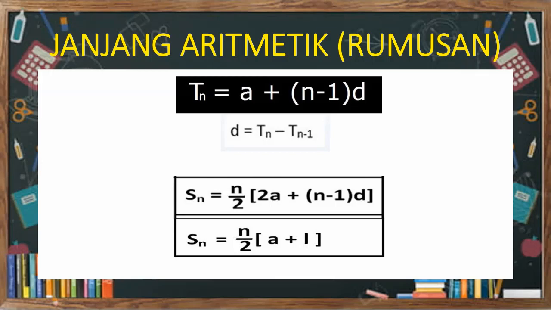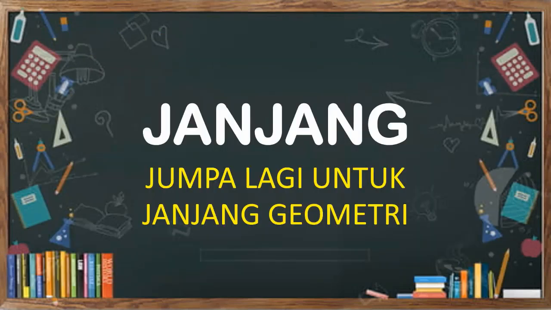First n terms means it must start from the first term until the nth term. Okay, so that's all for this lesson on Janjang arithmetic, or arithmetic progressions. We will look at another Janjang, Janjang geometry, in the next lesson.